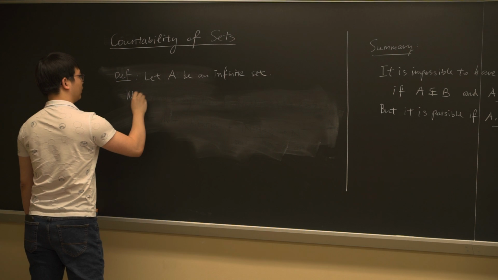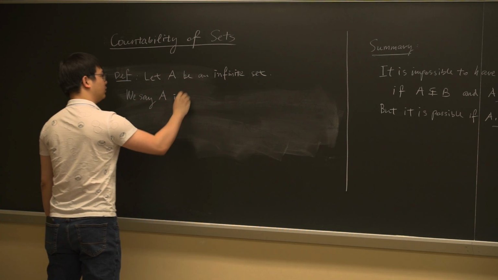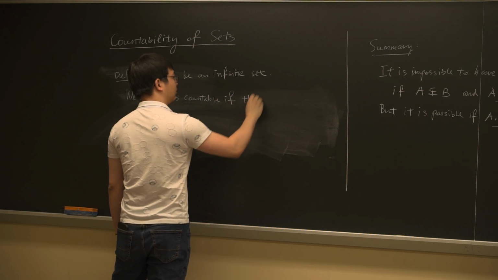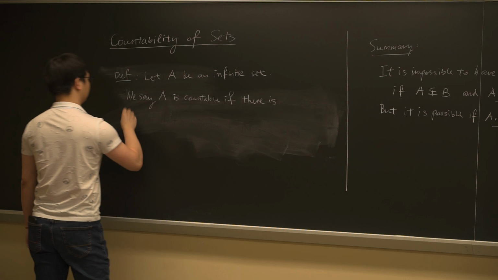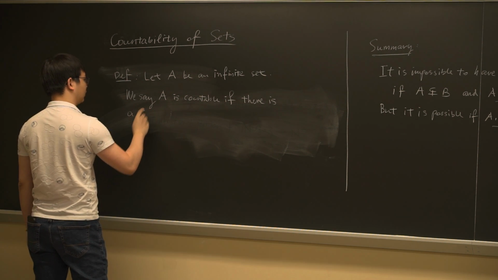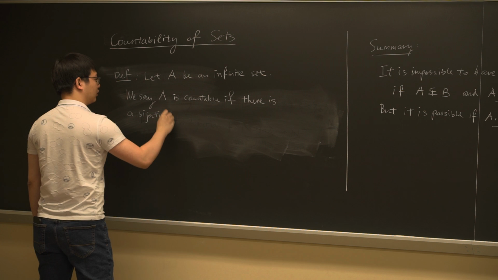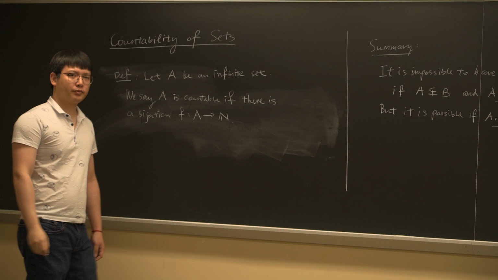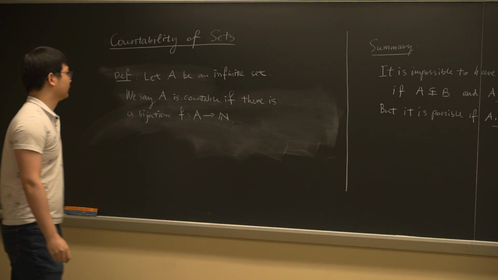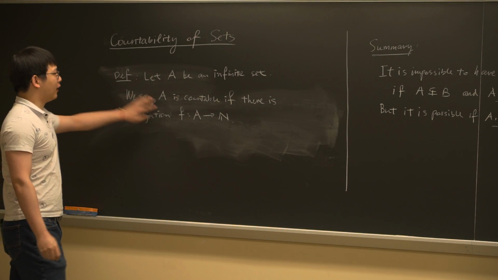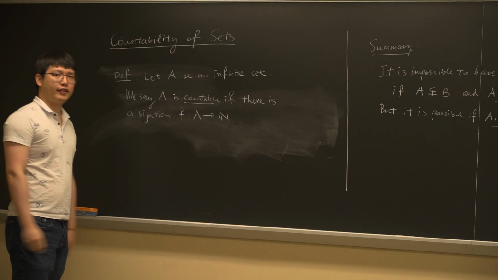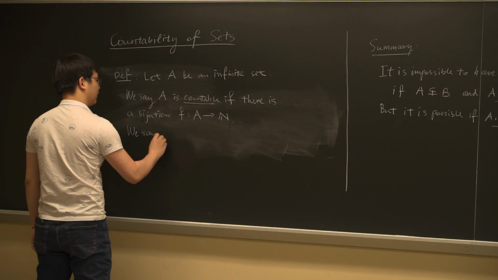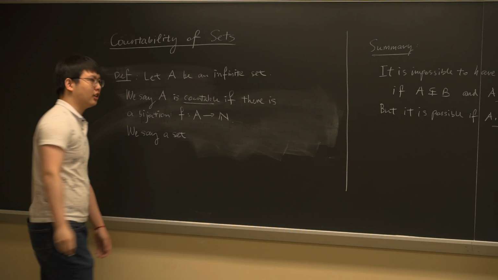We say this A is countable if there is a bijection from A to natural numbers. Okay. So in this way, we define what is a countable infinite set, and we say, in general, what is a countable set?